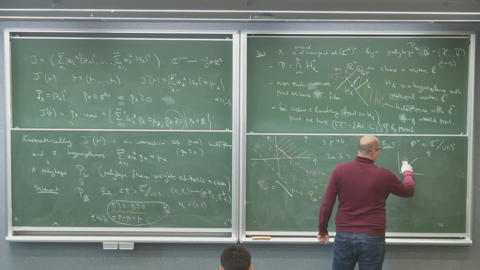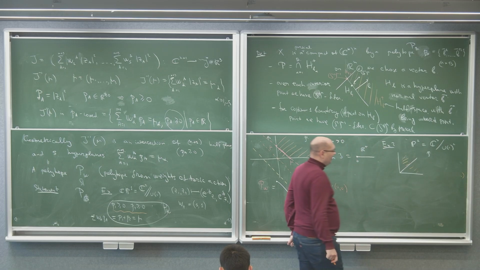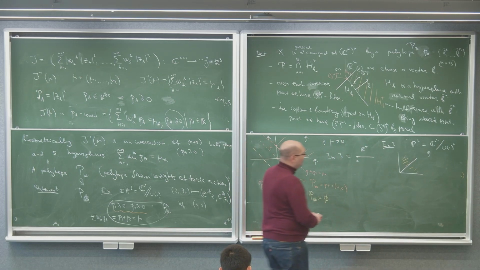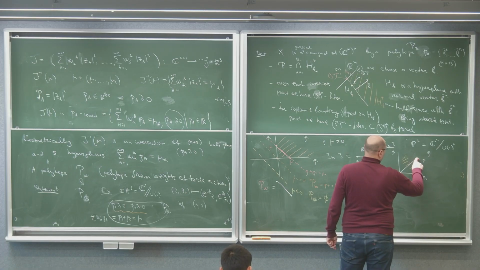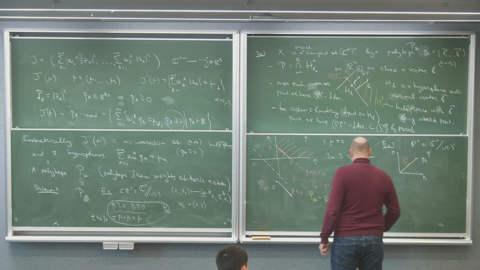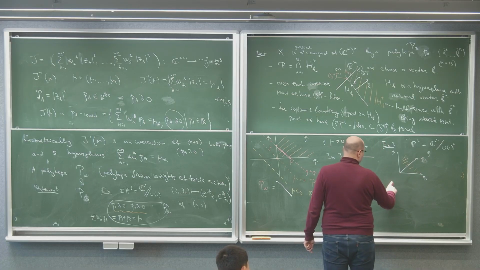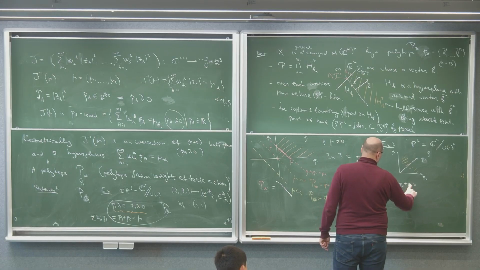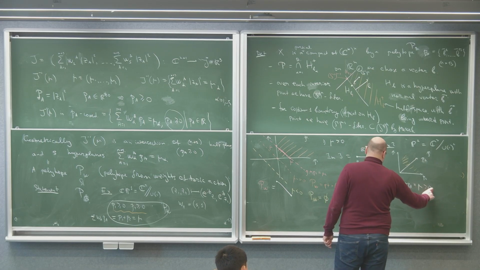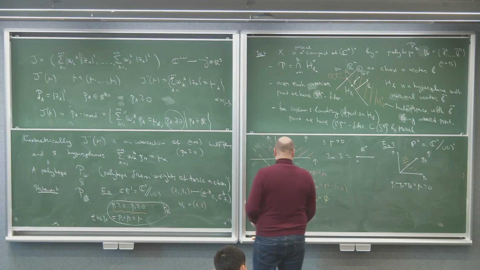Now we need to take the positive octant, so it's 1/8 of the space where all rhos are positive: rho 1, rho 2, and rho 3. And then we need to impose one additional equation, that rho 1 plus rho 2 plus rho 3 equals some positive mu.